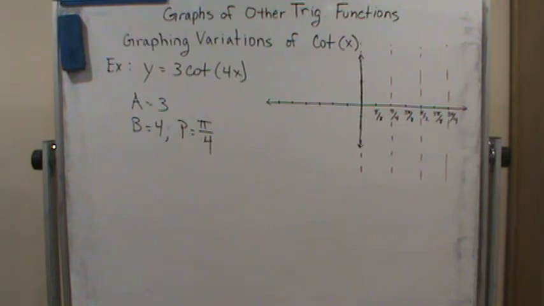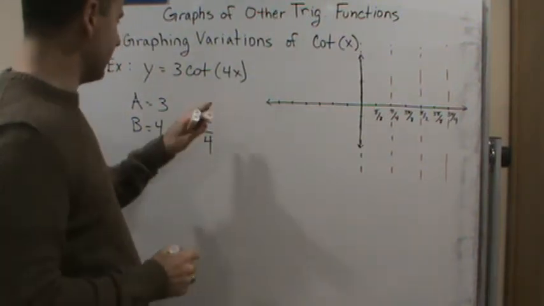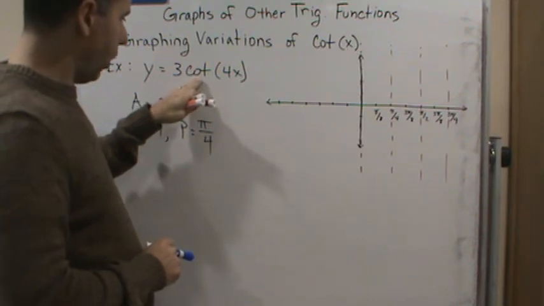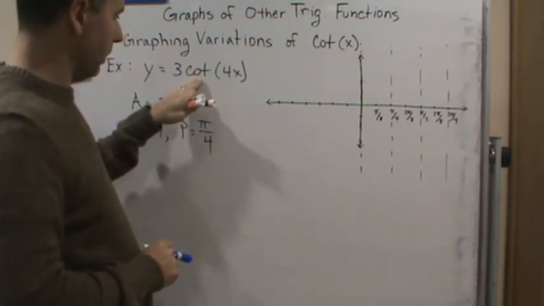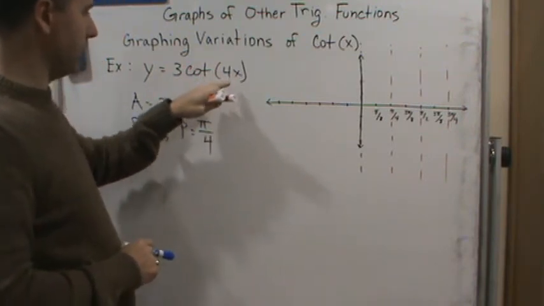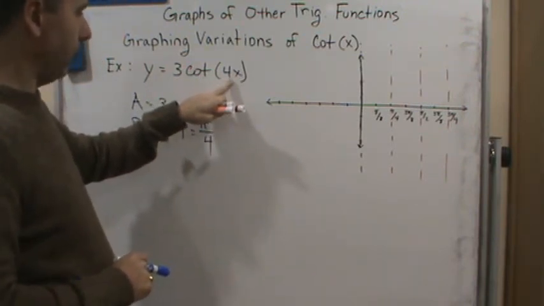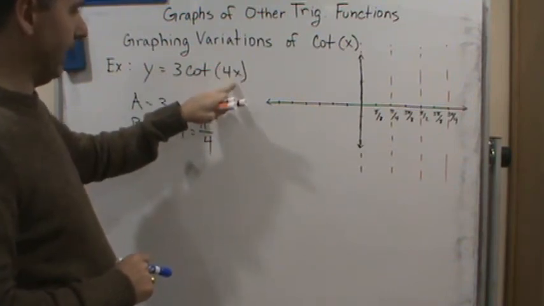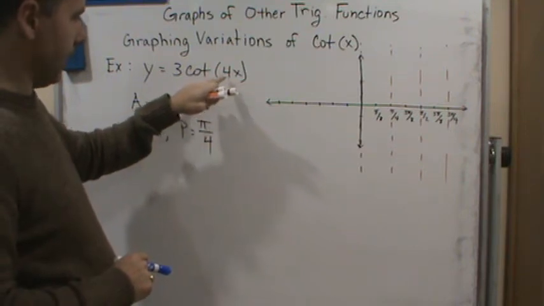So where's it going to be 0? Well, I know in this case, cotangent is going to be 0 when this argument is pi over 8. Because then I get pi over 2.